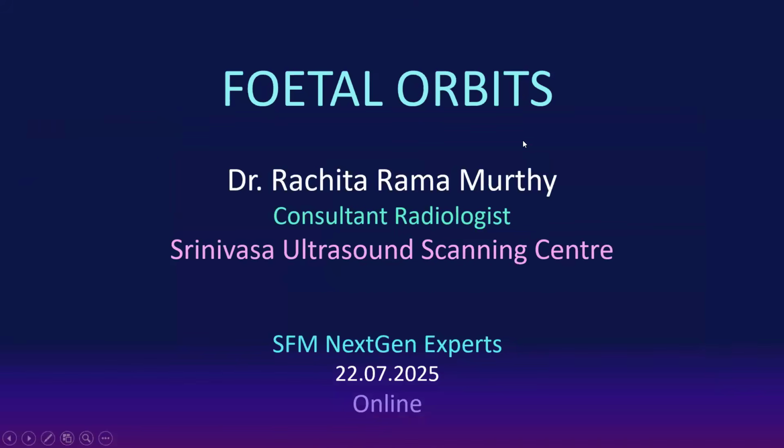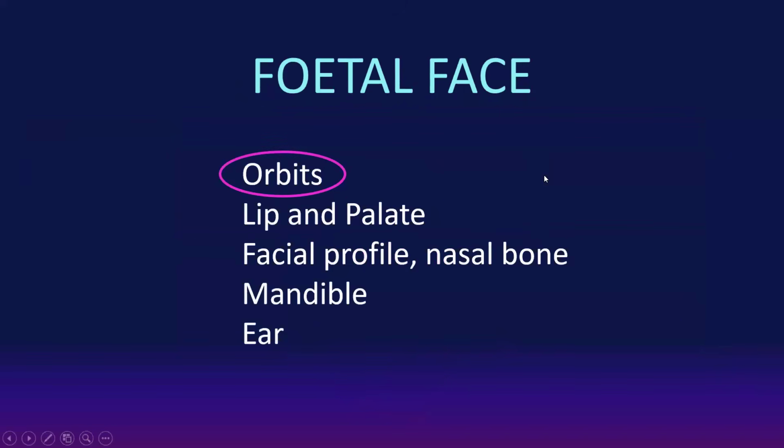Okay, so we're going to continue the face series with a talk on the fetal orbits. We know that the orbits are an essential part of the fetal face examination in our mid-trimester anomaly scan. They're in fact part of the first trimester anomaly scan itself. In the NT scan, we need to document both orbits, the presence of the orbits and also the lens.